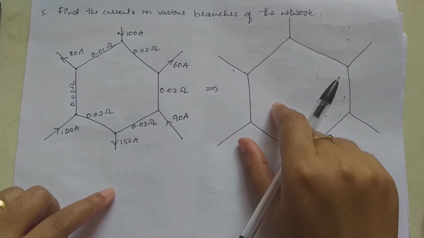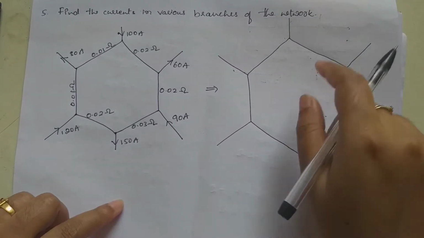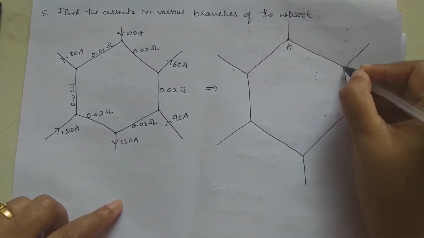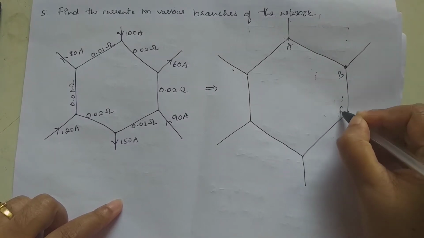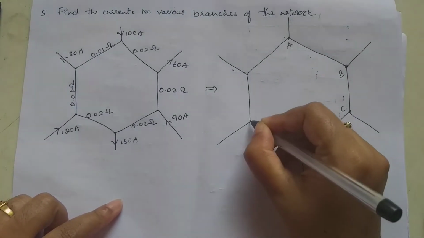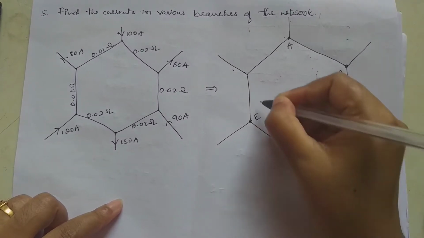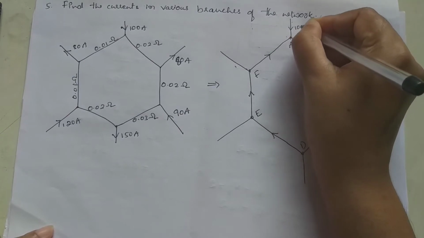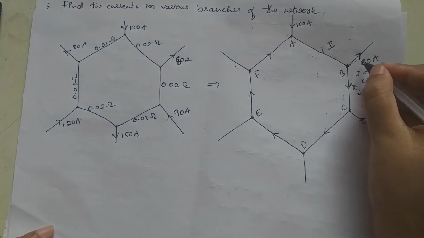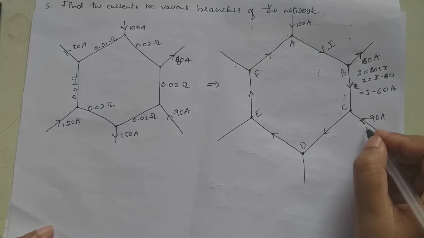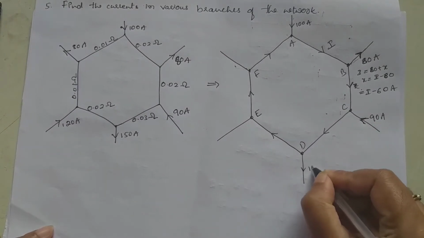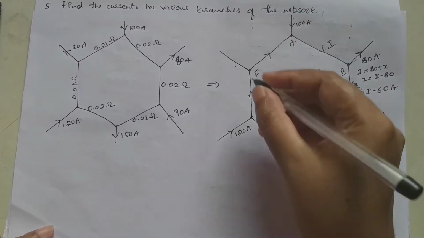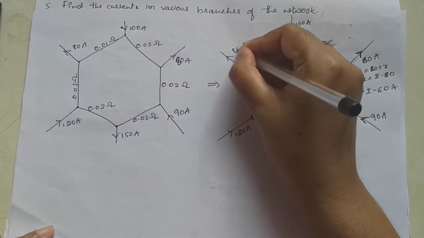After redrawing the circuit, we have to name the nodes: let it be A, B, C, D, E, F. Here 100 amperes is incoming, 80 amperes outgoing, 90 amperes incoming, 150 amperes outgoing, 120 amperes incoming, and 80 amperes outgoing.